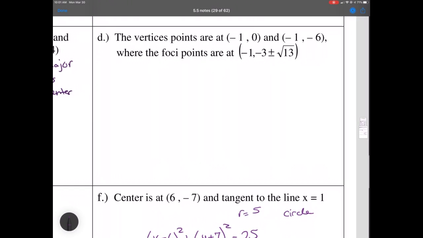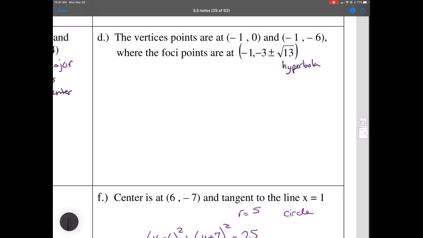Alright, for example D, the vertices points are negative 1, 0, negative 1, negative 6, where the foci points are negative 1, negative 3, plus or minus radical 13. Well, for this one, it has to be a hyperbola.